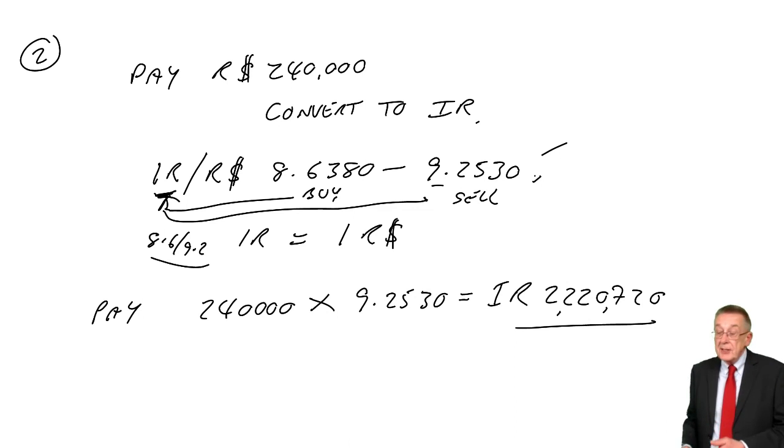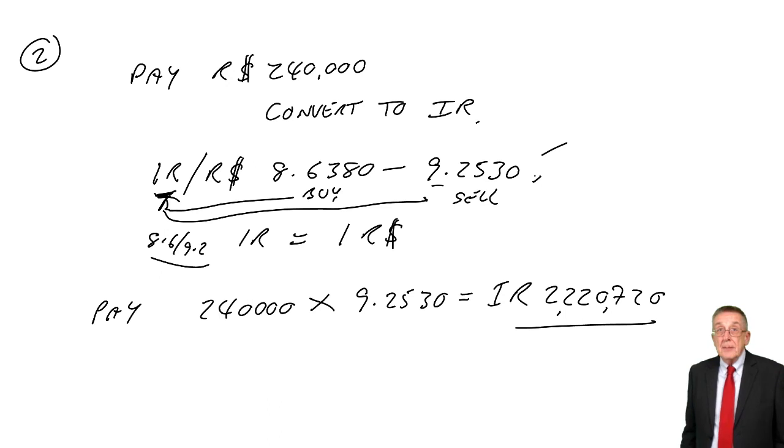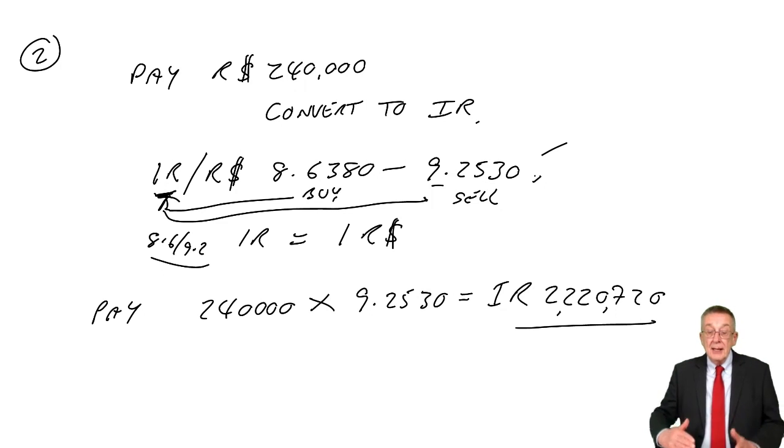Maybe 10 rupees to the dollar, maybe only 8 rupees to the dollar. But that's what the risk is. Pay it today and it would be 2 million. Pay it in a month, 2 months, 3 months, maybe more, maybe less, there's risk.